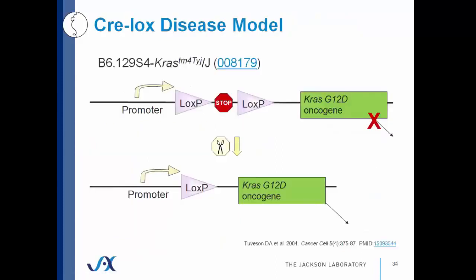However, this same sort of principle can be used not just as a Cre reporter, but to actually create certain disease models. Here's one example where instead of using, say, LacZ, there's this KRAS G12D oncogene, which now has expression blocked by the loxP-flanked stop cassette. But then when Cre removes that, the KRAS G12D oncogene is expressed in those tissues, leading to tumor formation.